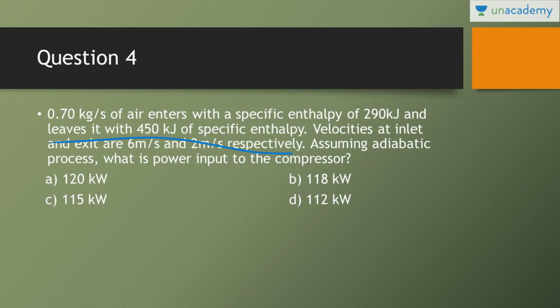Velocities at inlet and exit: velocity at inlet is 60 meter per second and at exit it is 2 meter per second. Assuming an adiabatic process, that is Q is equal to 0, what is the power input to the compressor? We have to calculate the power input to the compressor.